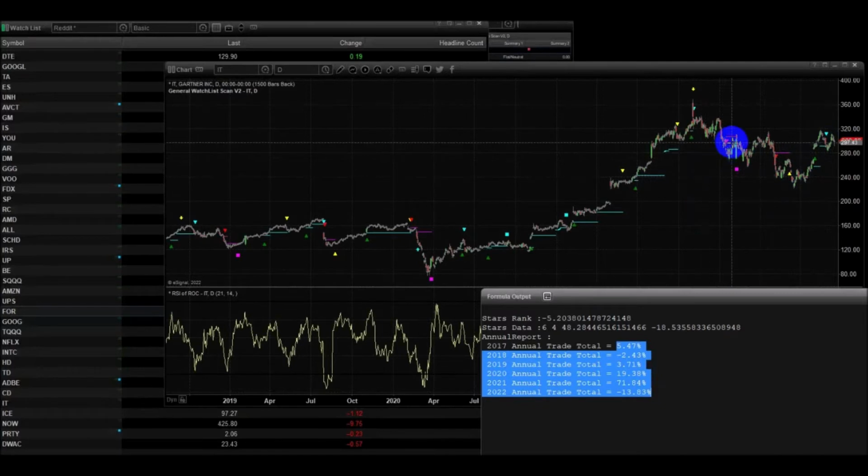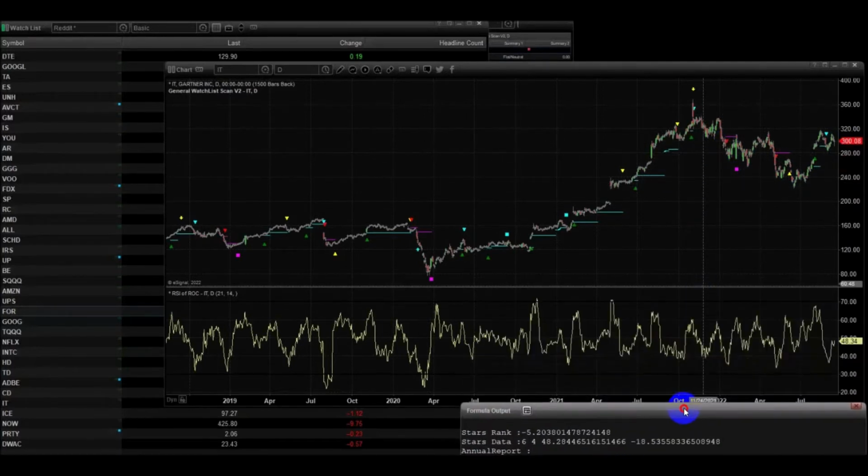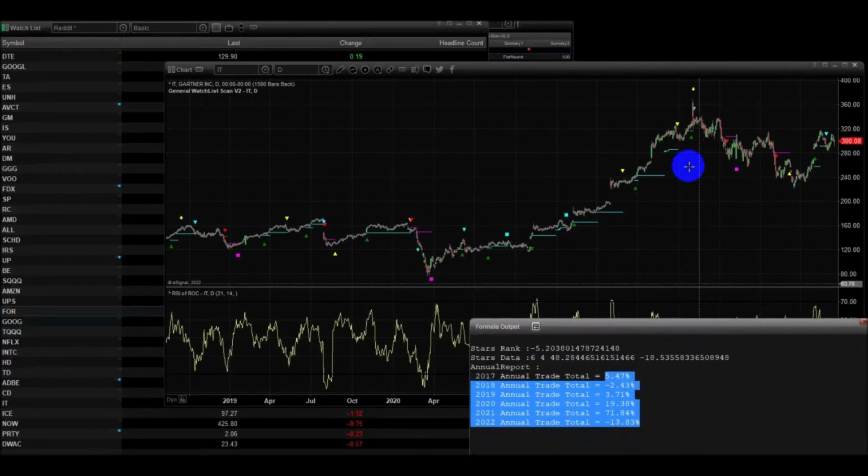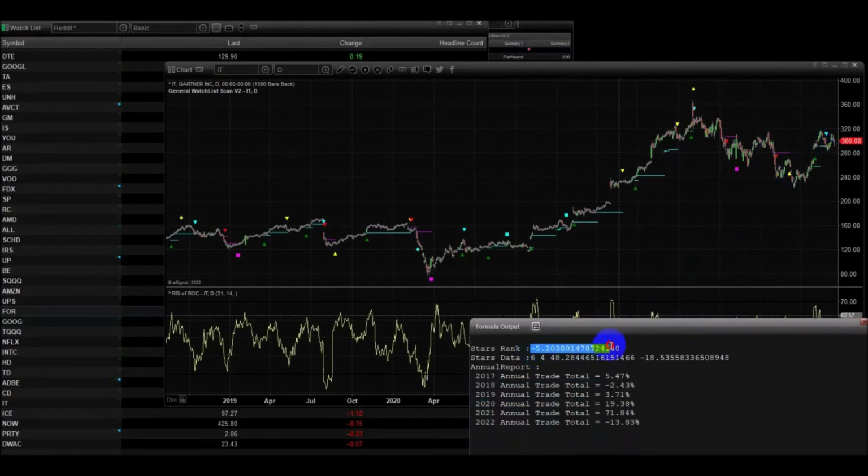And this was probably our big loser right here. Possibly I have to check down here, October. So this trade didn't count. We've only had 3 trades here, 1, 2, 3 in 2020. But you can see the overall ranking is minus 5 and the short-term ranking is minus 18. This is telling us again, ladies and gentlemen, that we're just not seeing fantastic returns right now, even though historically it's done quite well.